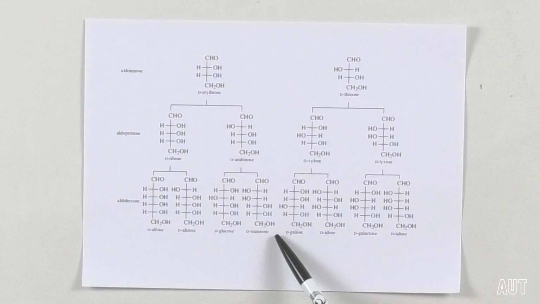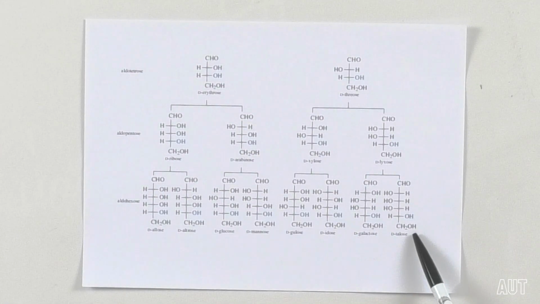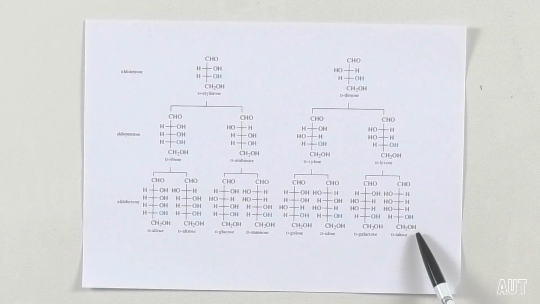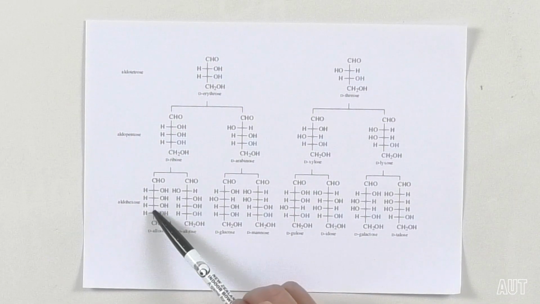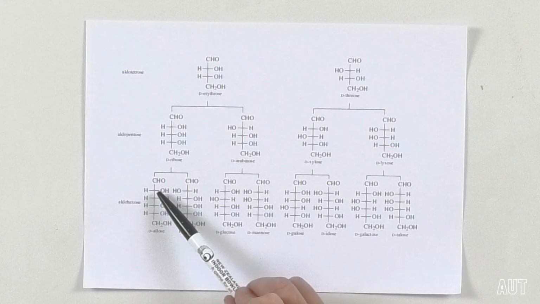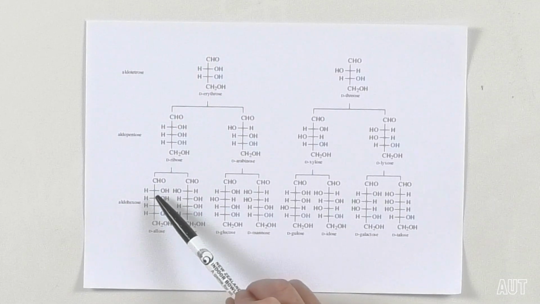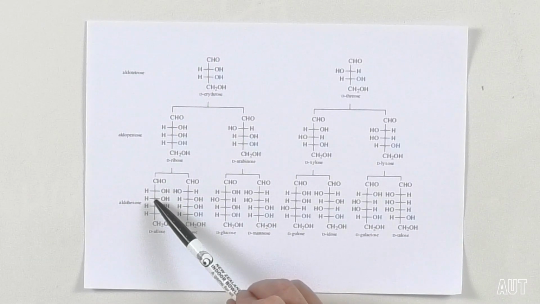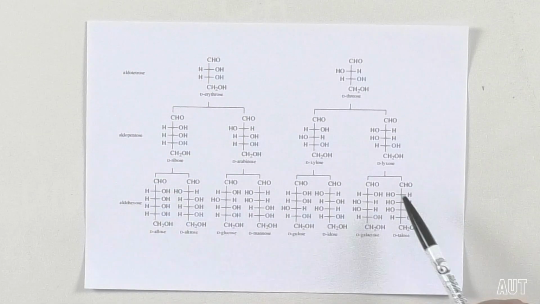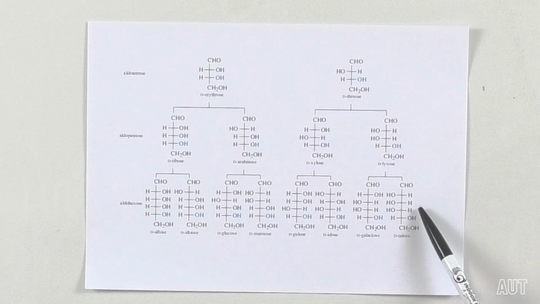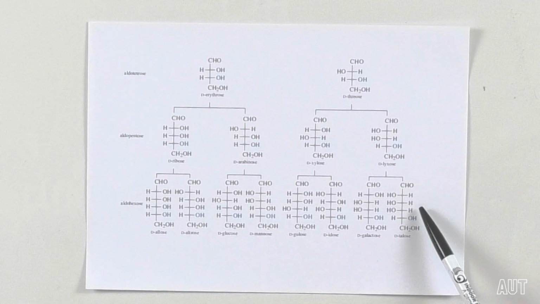And so that gives us 8 D sugars, each of which will have a non-superimposable mirror image, and so that gives us 16 stereoisomers, which is 2 to the power of 4. And so you can see that this is going to get quite complicated quite quickly.